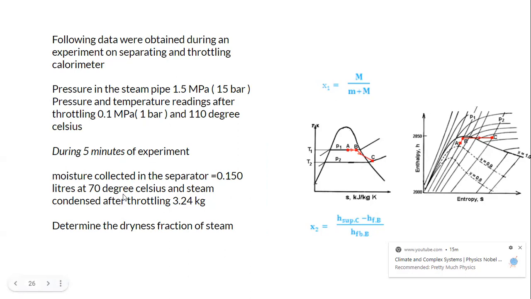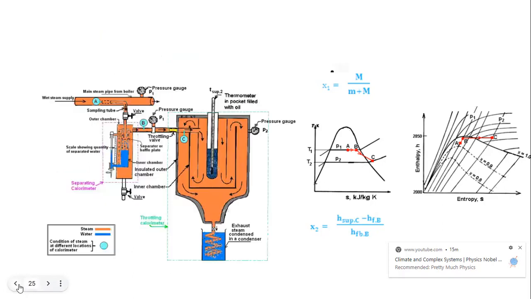Then the other readings which are taken during the experiment are the pressure reading after throttling and the temperature reading after throttling. So let us go back to this diagram. After throttling, we need to note down the pressure, and after throttling, we need to note down the temperature. Temperature after throttling would be from a thermocouple or a thermometer, and the pressure after throttling would be from the pressure gauge.